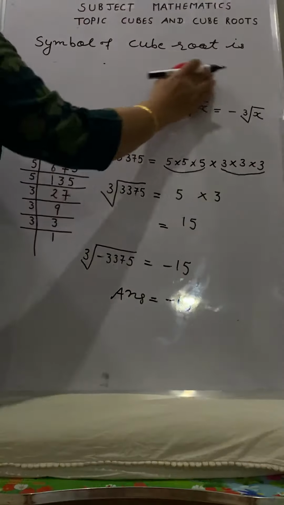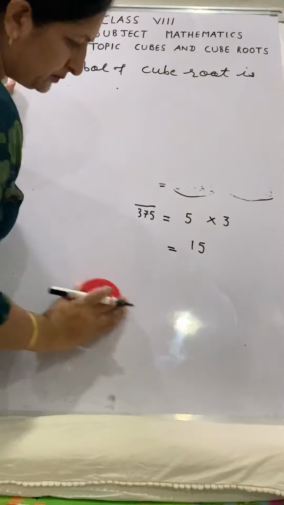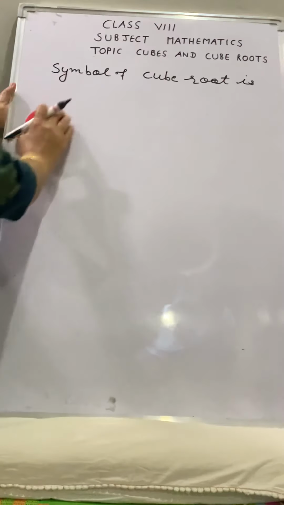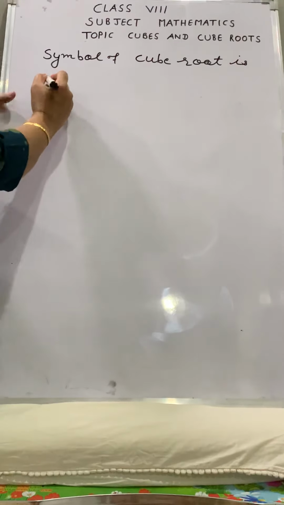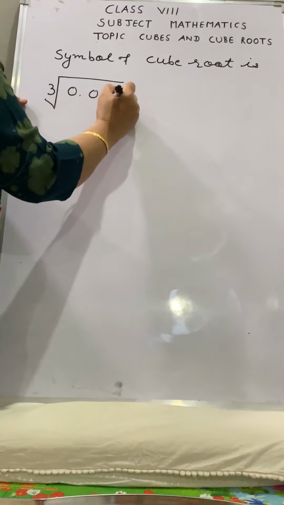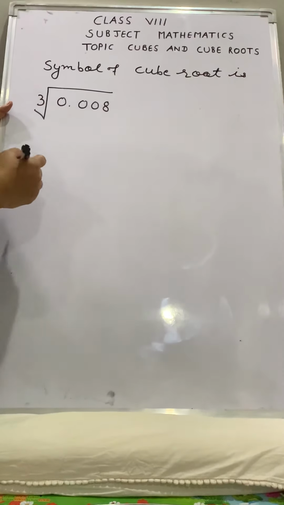Now example number 3. Find the cube root of 0.008. It is a question of decimals. How will you find it?